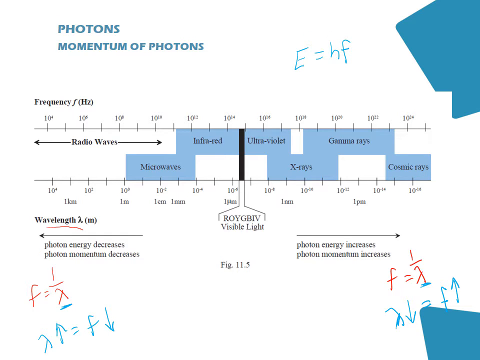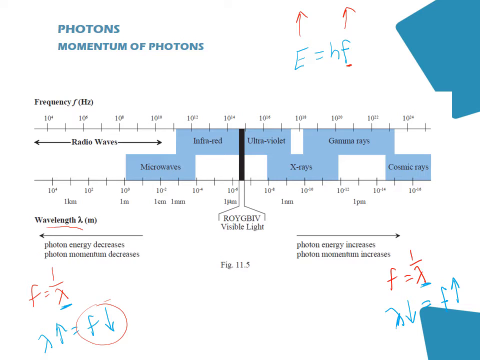So if we use that as a basis, if our f is small, so here we have a small f down the bigger wavelength end of our spectrum, radio waves, microwaves, then our E is going to be small. And conversely, if we're down the other end of our spectrum and we've got tiny wavelengths, then our frequency is going to be huge. Therefore, the energy is going to be huge.